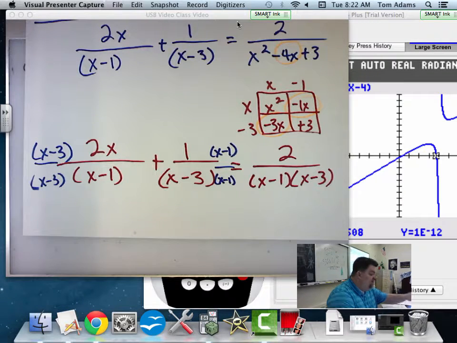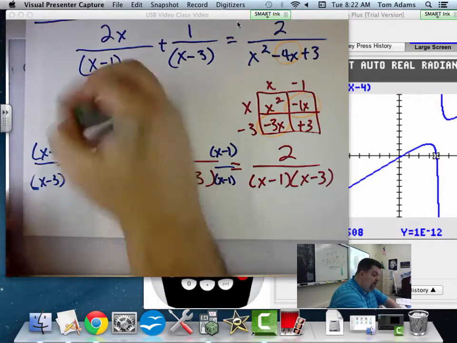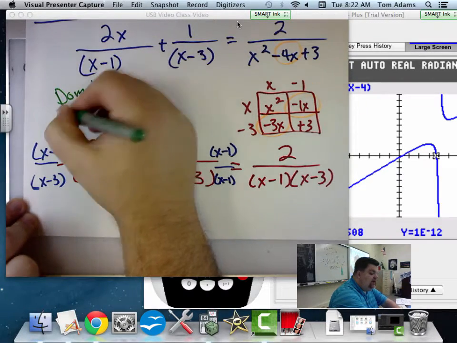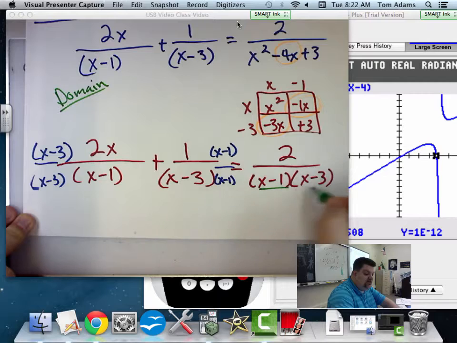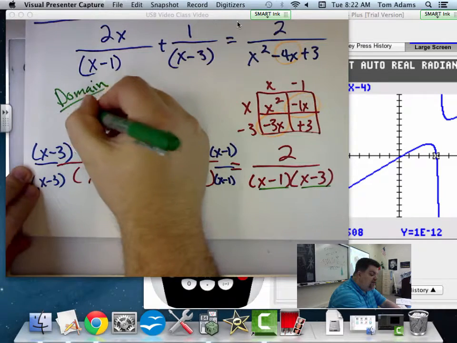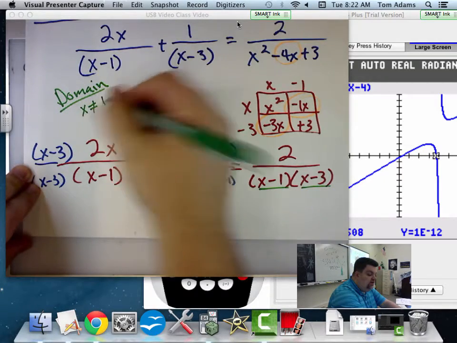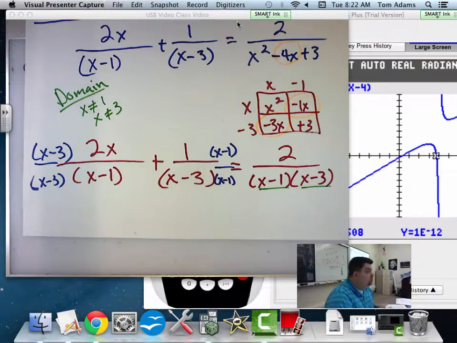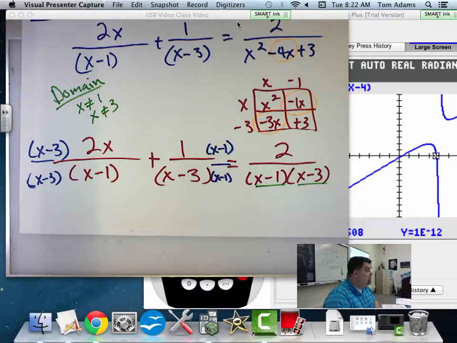The one thing that we cannot ignore is the domain, and I'm going to squeeze this in here. What do we know about the domain? If this is our common denominator, what do we know about the domain? We know that x cannot equal 1 and x cannot equal 3. Why? Because that'll make the denominator equal 0. Is that right? You guys with me so far?